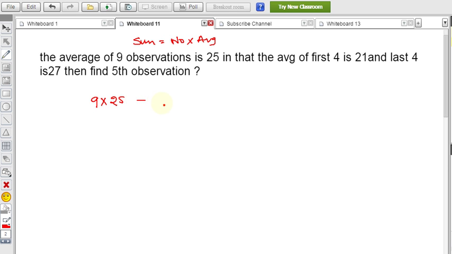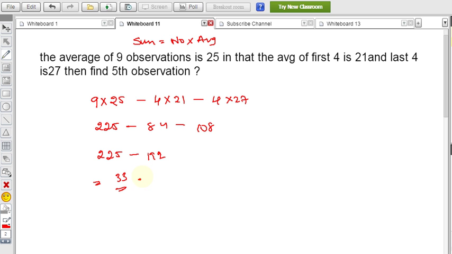From this you subtract the sum of the first 4, average 21, and the last 4, into 27. 25 into 9 is 225 minus 84 minus 108. 225 minus 192 is 33. So the fifth observation is 33.